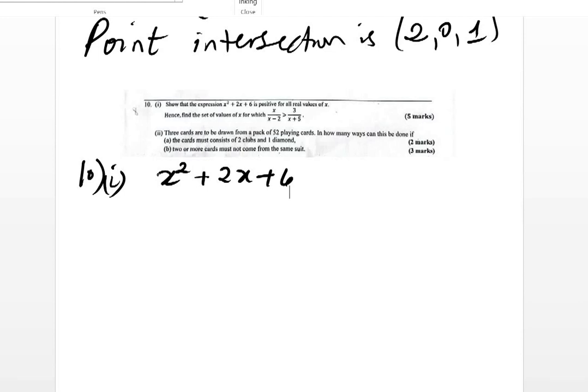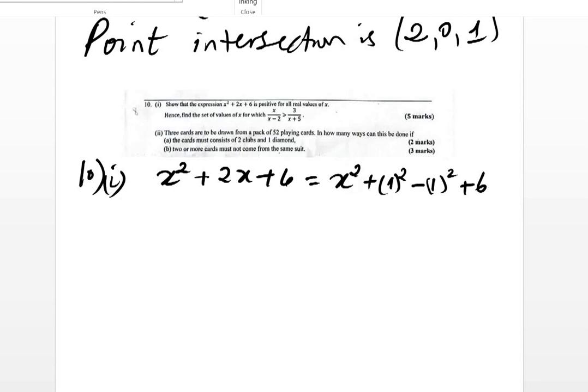Now that is 1, no problem. We'll go straight away. x squared plus 2x, plus half the coefficient of x, that's 1 squared. I'll add it and I will subtract it since we are on the same line, plus 6.